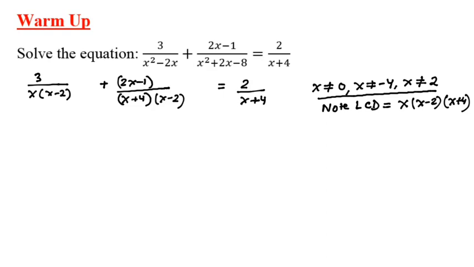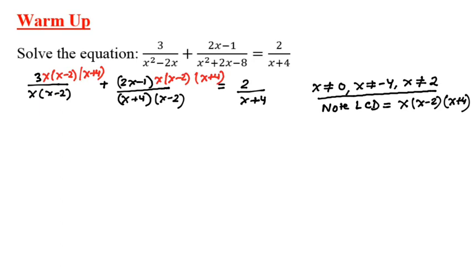So if we multiply the first one, we do it here, x times x minus 2, x plus 4. We do the same thing to the second, x times x minus 2, x plus 4.